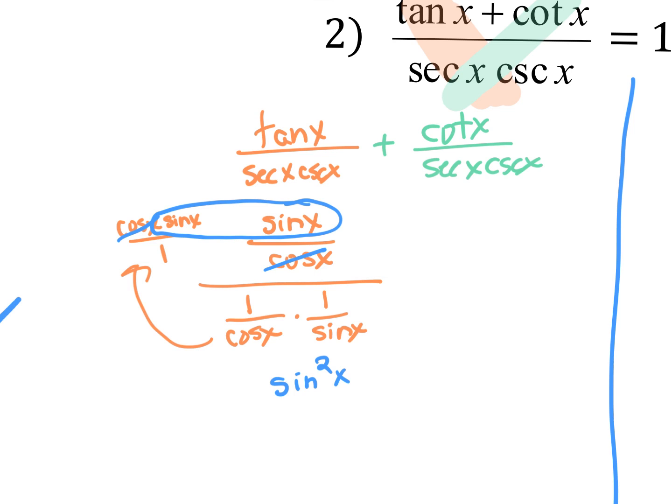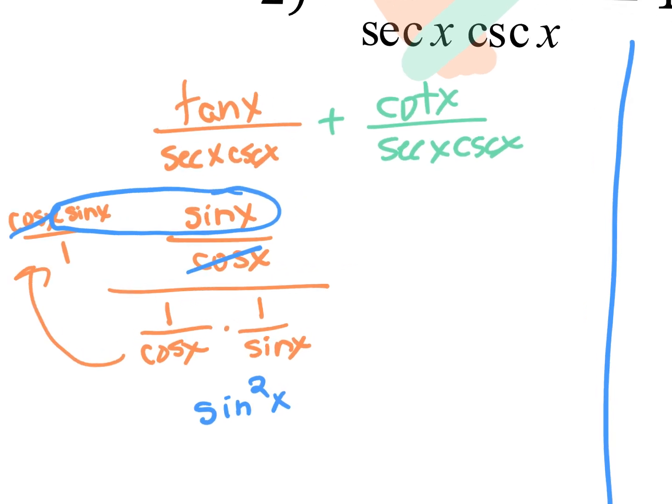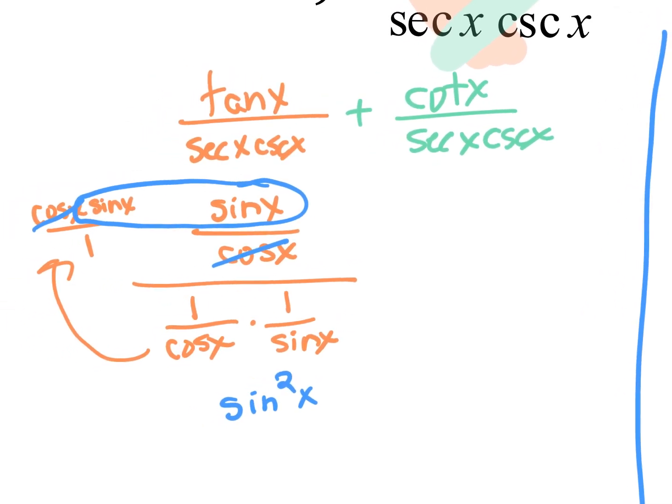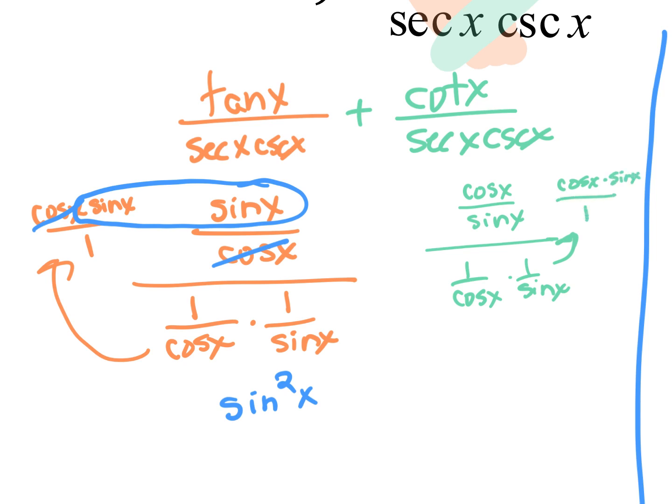So let's do that. Cotangent, CJ, is the reciprocal, so it's cosine x over sine x. There you go, cosine x over sine x over, we know we need that 1 over cosine and that 1 over sine. And we need to do keep it, change it, flip it. So cosine x times sine x all over 1.